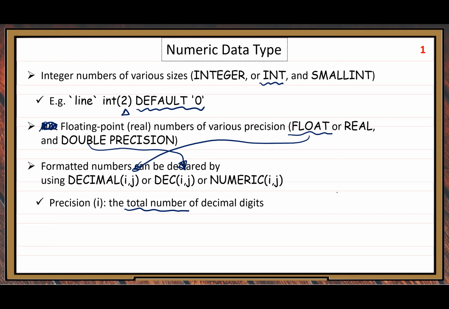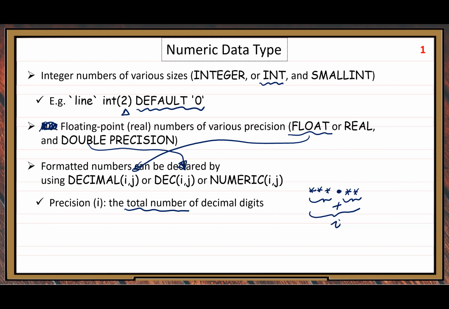Suppose this is a decimal point. We have some digits before the decimal point and some digits after it. These two parts added together, that's the I part.